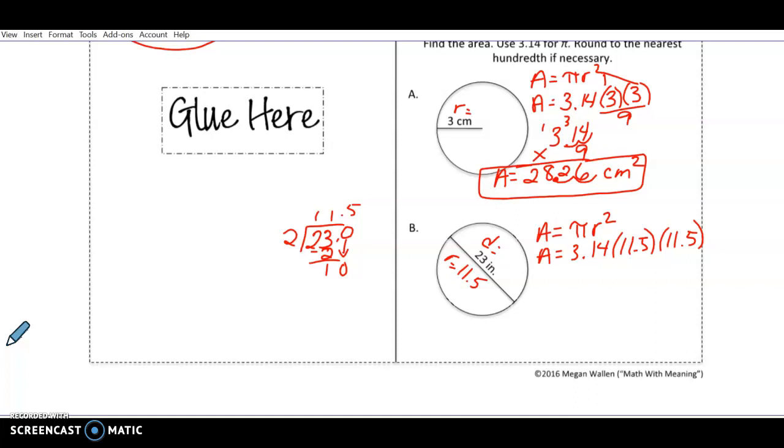So I'm going to do my math over here. Remember, that is not 11.5 times 2. That is 11.5 times 11.5. My pen has stopped writing. There we go.